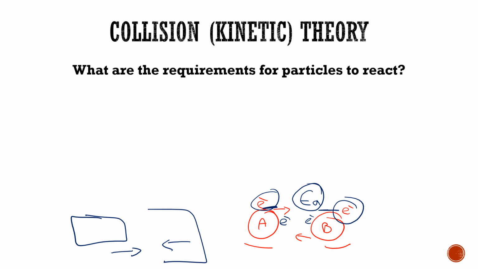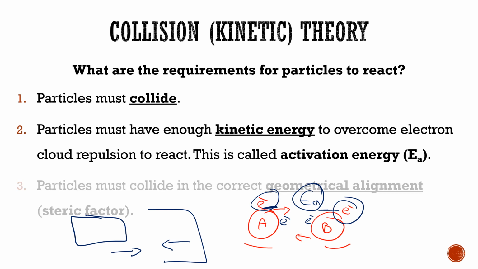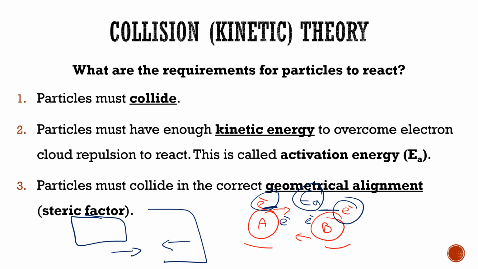So the requirements for particles to react are: number one, particles must collide; two, particles must have enough kinetic energy to overcome electron cloud repulsion to react, which is called activation energy. The third requirement is that the reactants must collide in the correct geometric alignment.